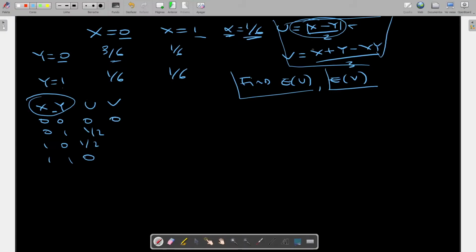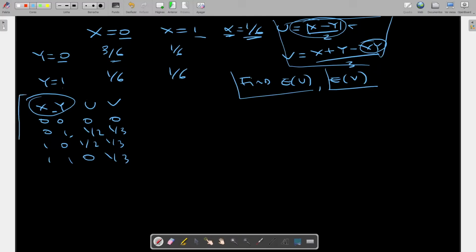But then this one, you have 0 plus 1 from this part, minus 1 times 0 is 0, so this is 1/3. And this one is the same thing, so 1/3, and this one is 2. So 1 plus 1 is 2, minus 1 times the other one, so 2 minus 1 is 1/3. Notice that this equals 1 and this also equals 1.